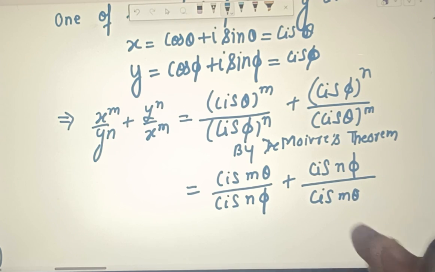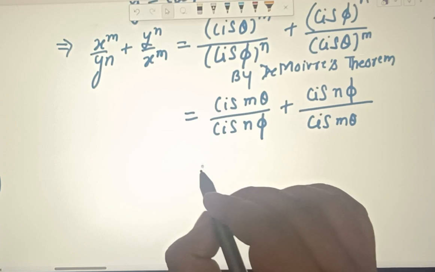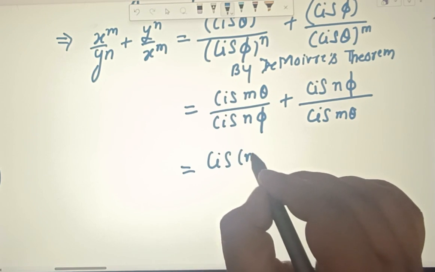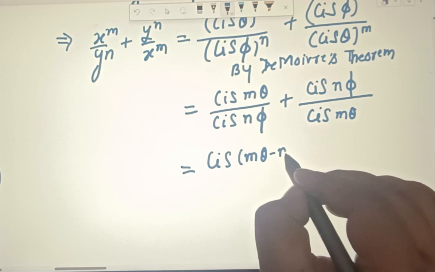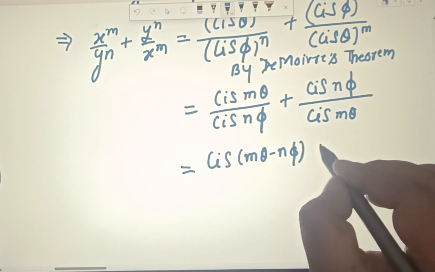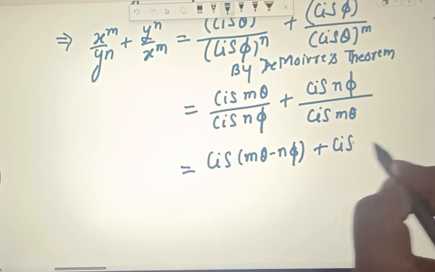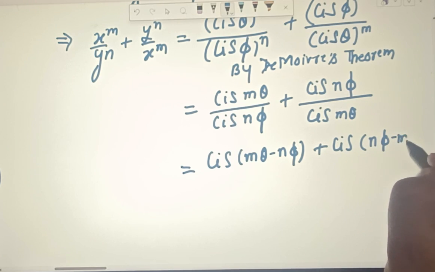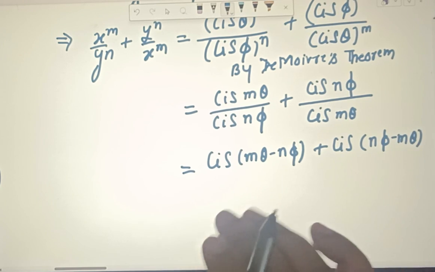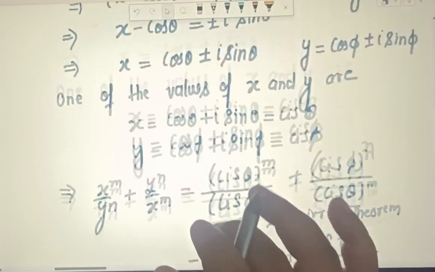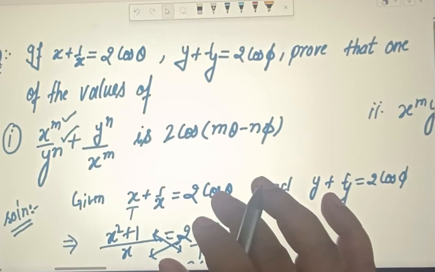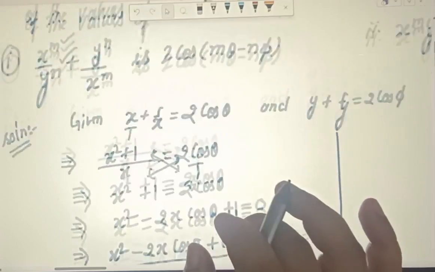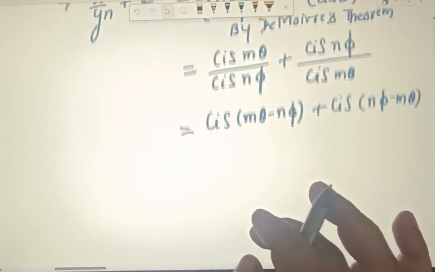So in short, on simplification you can say cis(m theta minus n phi) plus cis(n phi minus m theta), okay. Now come on, what we need to prove here? Let me check it out, okay. 2 cos(m theta minus n phi).